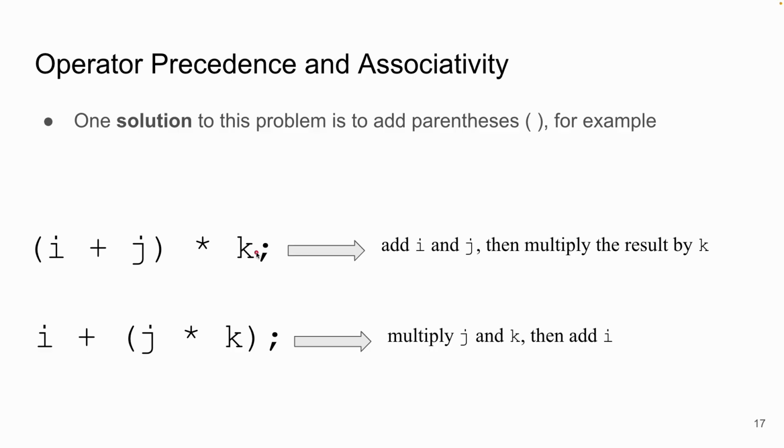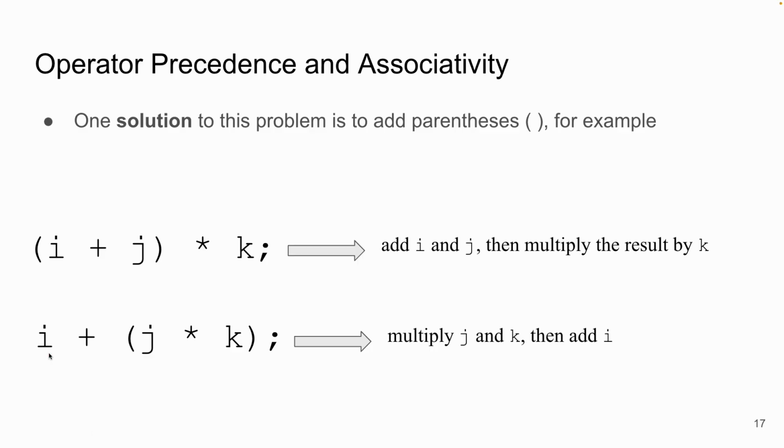by K. And in the other meaning here, if I want my expression to do exactly as we describe here, that is multiply J and K and then add the result to I, then we should put the parenthesis around J and K. So in this case, your computer will definitely run the expression we put inside the parenthesis first and then calculate the expression that is outside the parenthesis.